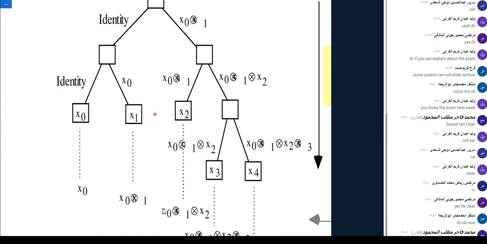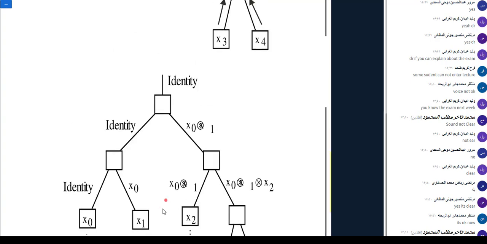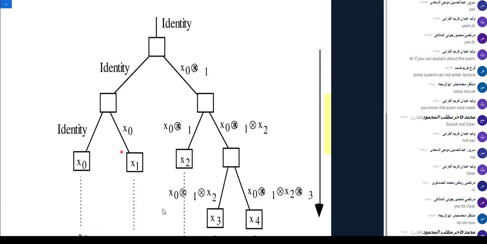So now just go forward. What is delivered to this edge? The thing received from left. What is received from left? X0. It is delivered to right. From left to right, X0.